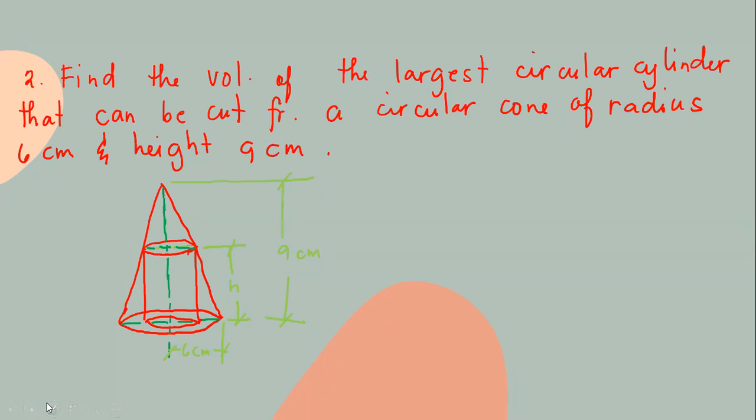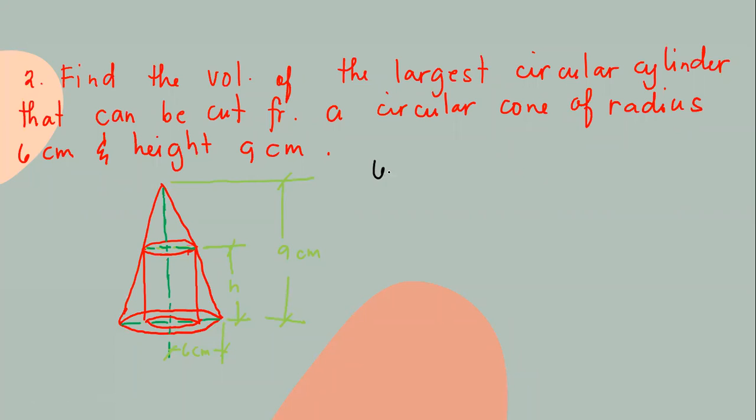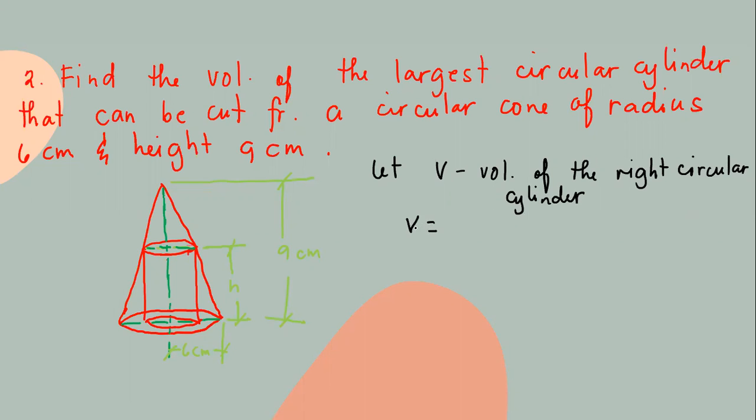Let V be the volume of the right circular cylinder, where V is equal to pi r squared h, the formula for the volume of a right circular cylinder.